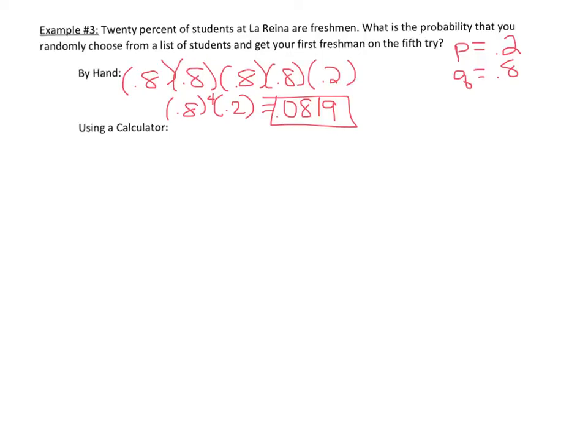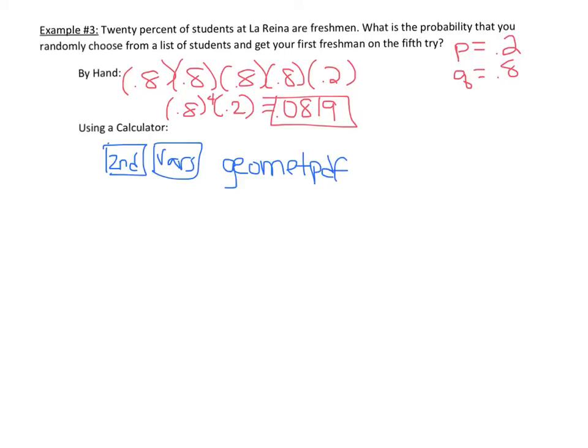On your calculator, you are going to go to your distribution menu, which is the second vars. Once you get to that menu, you're going to scroll all the way down, or you can actually go up to the listing that says Geometric PDF.